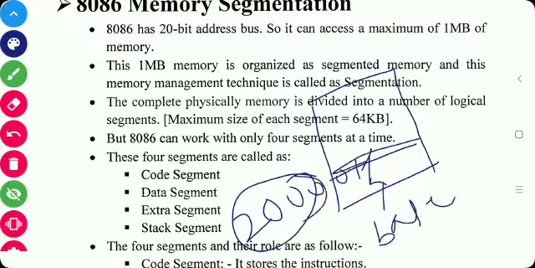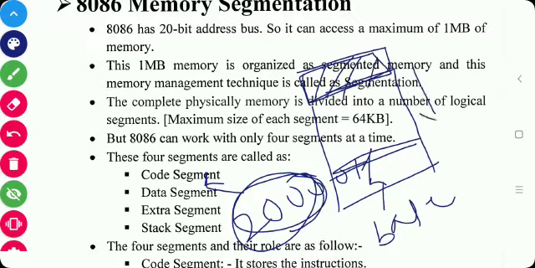So the upper 16 bit is stored into the segment register, and if we want to calculate the address of a particular location, then the distance between that particular location and the base address is called the offset address, and that is stored into the index and pointer registers. So we have 4 segment registers: code segment, data segment, extra segment and stack segment.